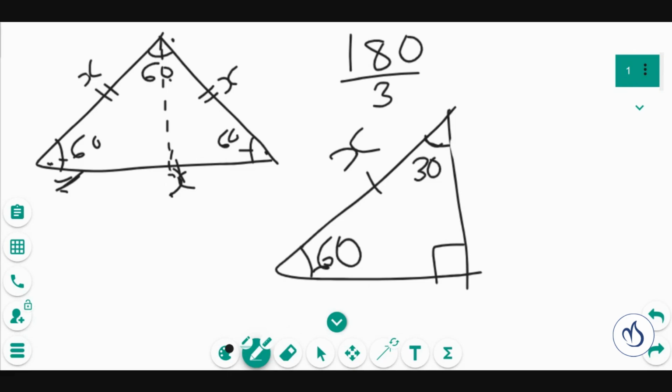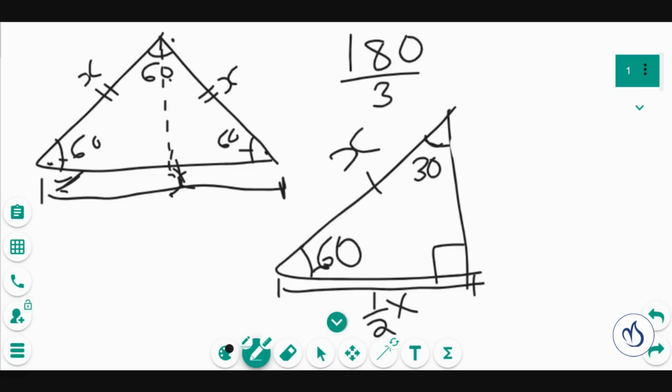This downer length, the whole downer length was also x. But since I have divided into 2, it means this new length here is actually a half of x. I have this other unknown length.